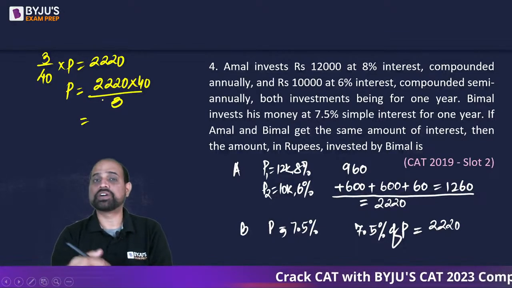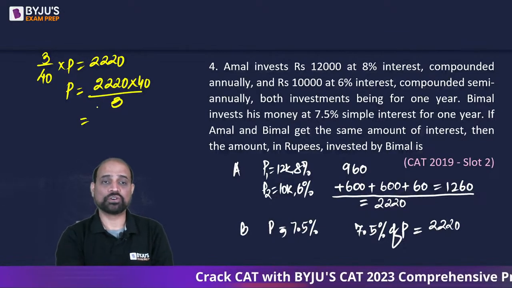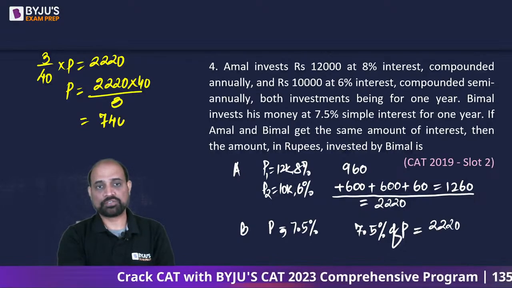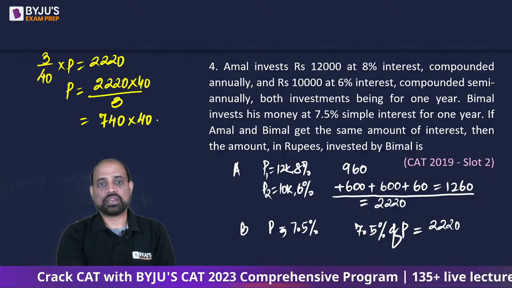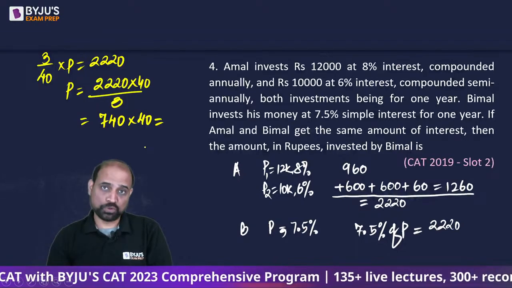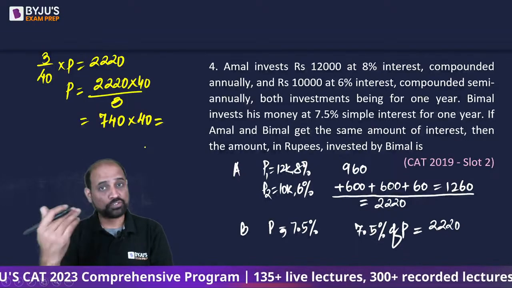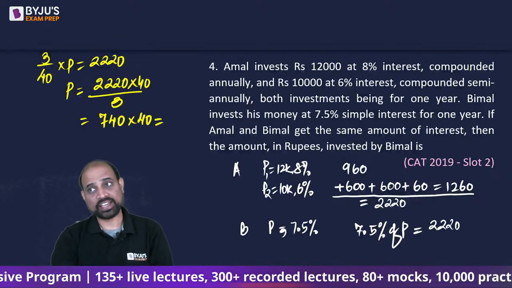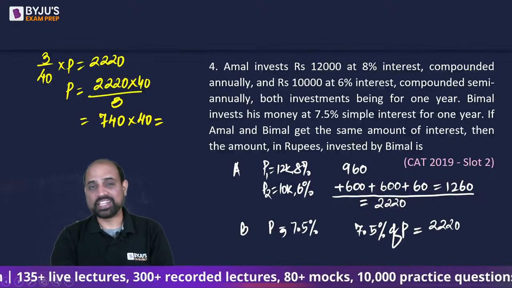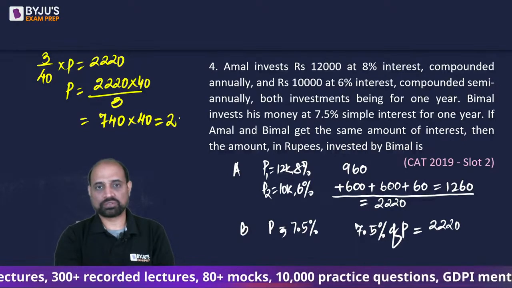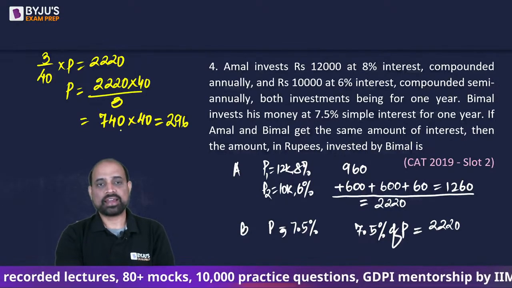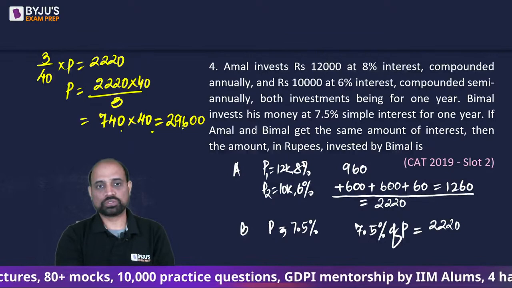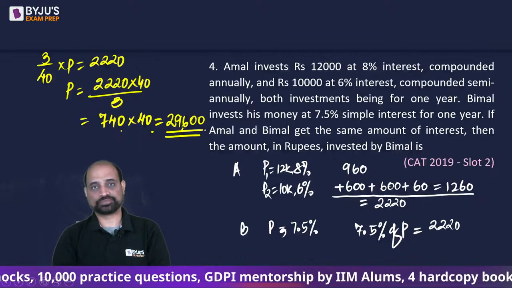So 222 divided by 3 is going to be 74. So this will result in 74 into 40. Now, 74 into 4 is what we are supposed to do. 7 into 4 is 28 and 4 into 4 is 16. So that will result in 280 plus 16, which is 296. And then do not forget these two zeros. So it's going to be 29,600.